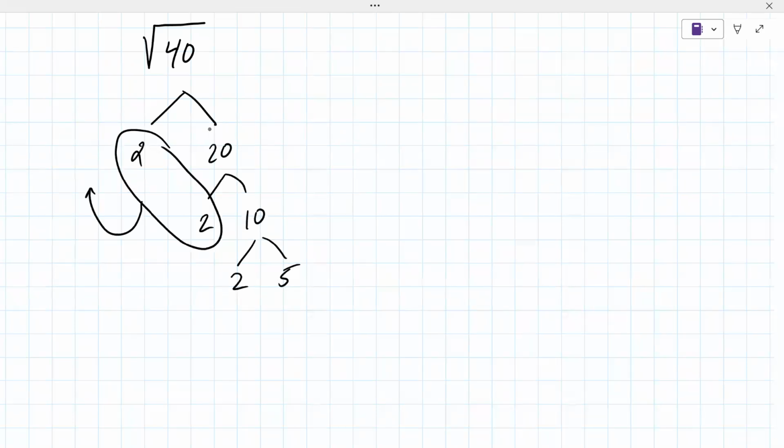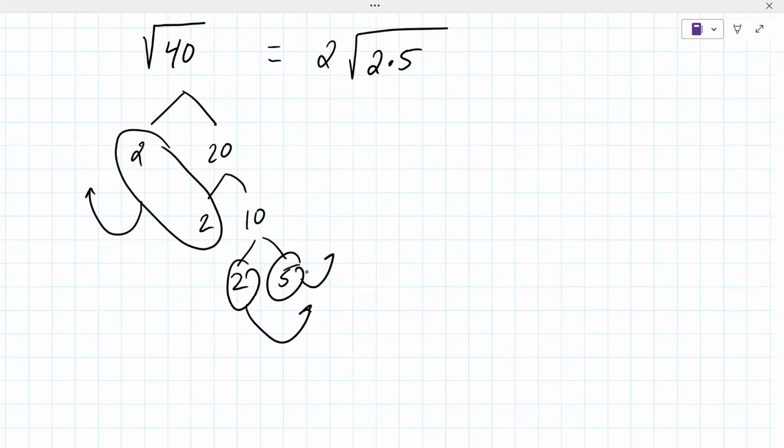It's kind of like socks. I like matching socks, but there's nothing to match the 2 with. There's nothing to match the 5 with. So the 2 is going to go on the outside. It's the square root of 2 times 5 on the inside. These stay in, but they're multiplied together. So you end up writing 2 square root 10 like that.